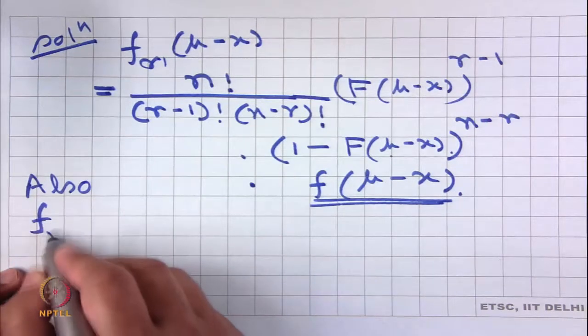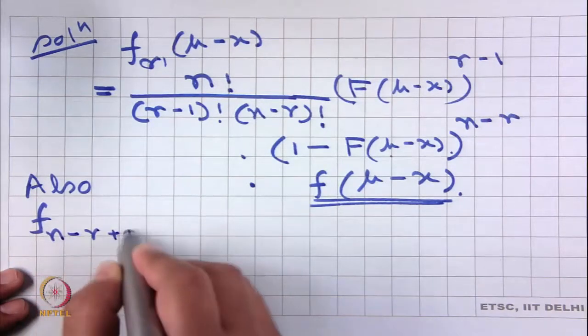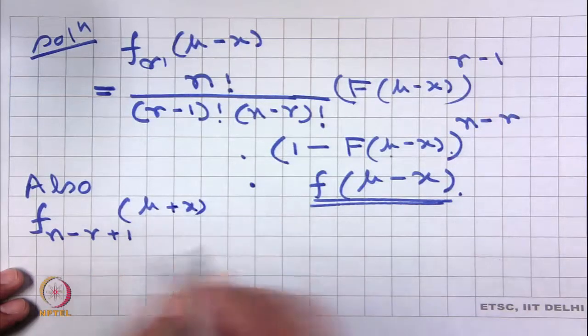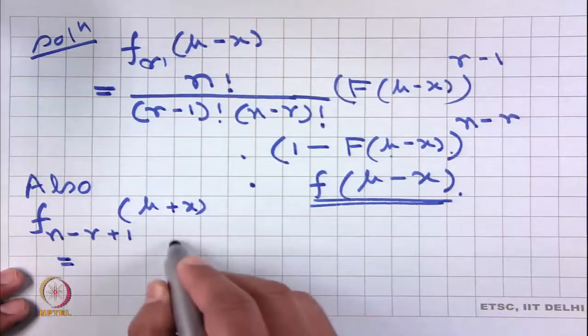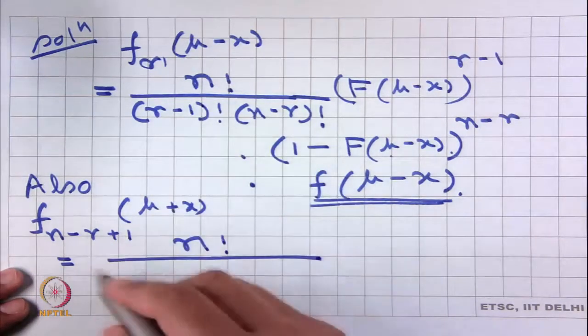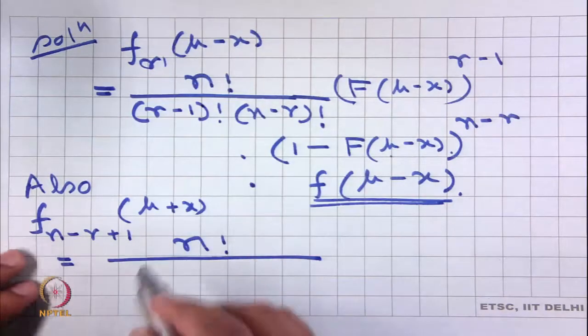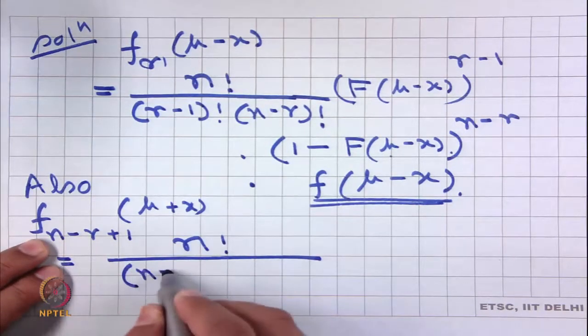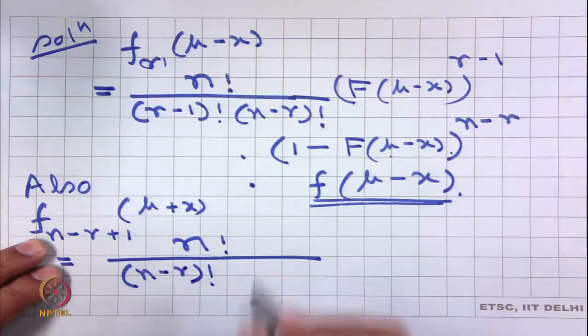If n minus r plus 1 at mu plus x is equal to n factorial, we are imitating this. Instead of r, now I am putting n minus r plus 1. So, this is going to be n minus r factorial.